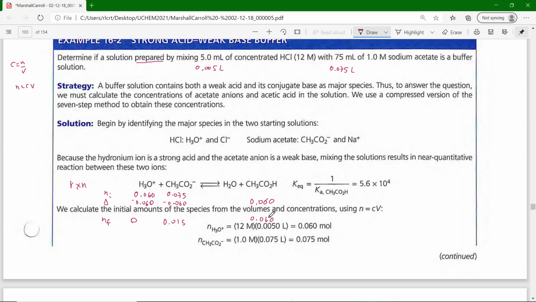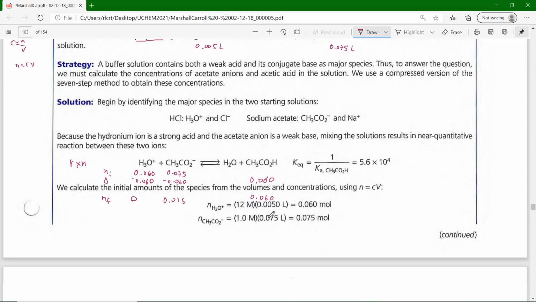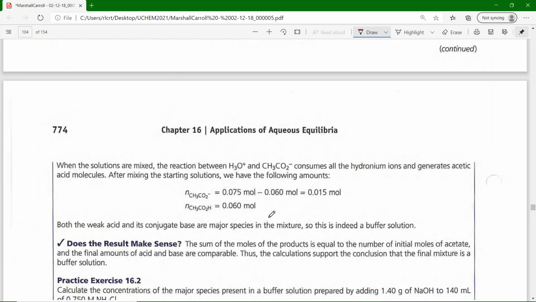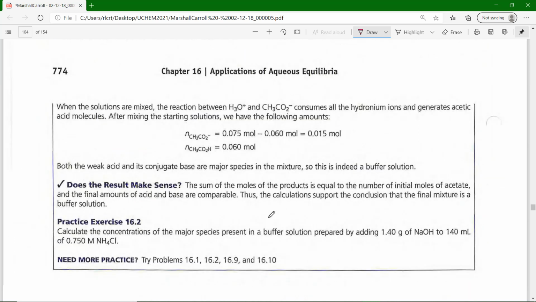If I put in too much H3O plus, 0.075 moles, then I wouldn't have any acetate left, and we wouldn't have a buffer, so that wouldn't be useful. Let me make sure that works. Yeah, it is a buffer.